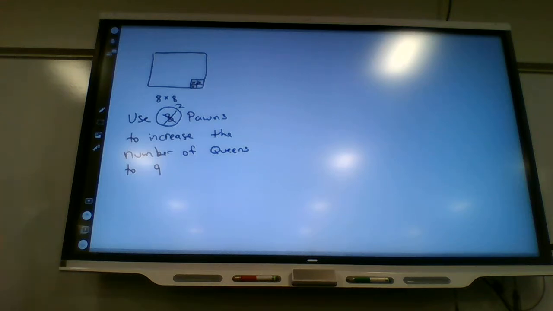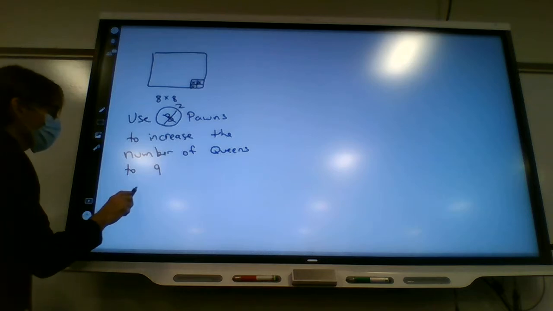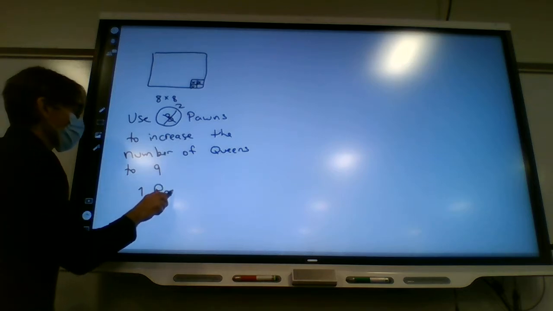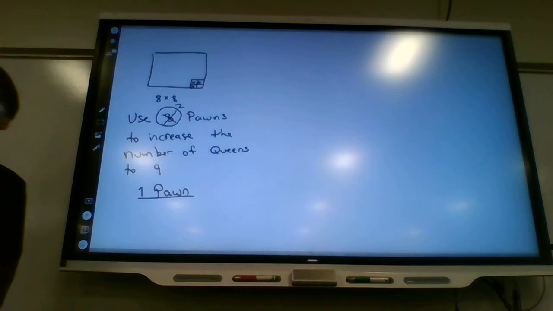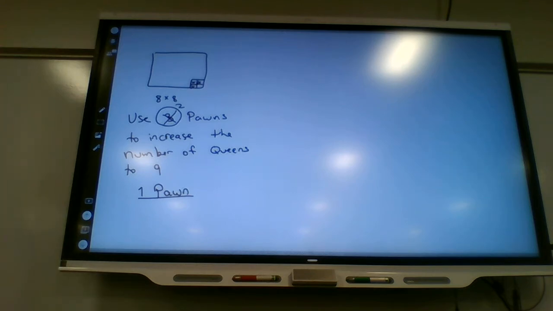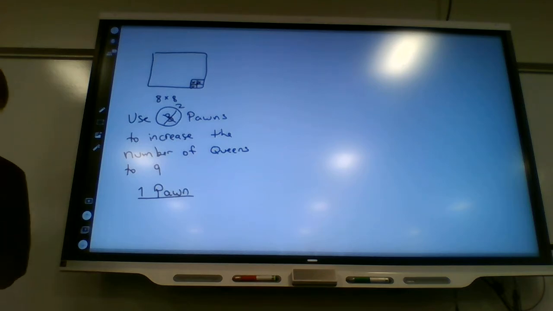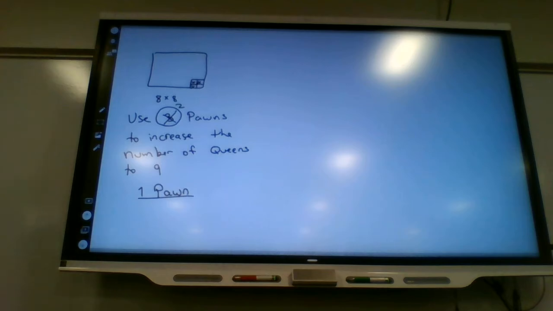Turns out that the actual solution is you can do this with 1 pawn. I don't know about that. Okay, now with 1 pawn, what does that mean? That means that if you take away the pawn and the extra queen that's been placed, we're going to have other things attacking each other somehow.